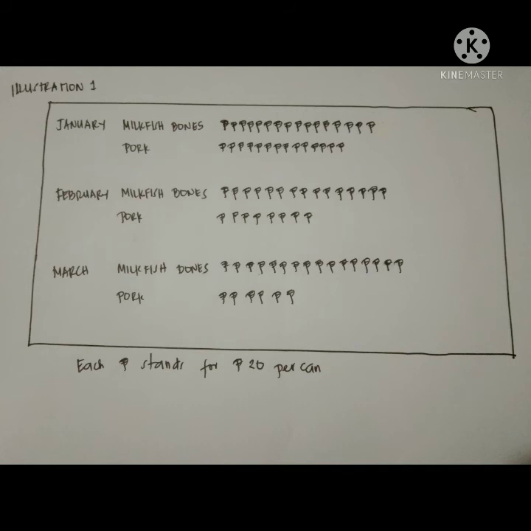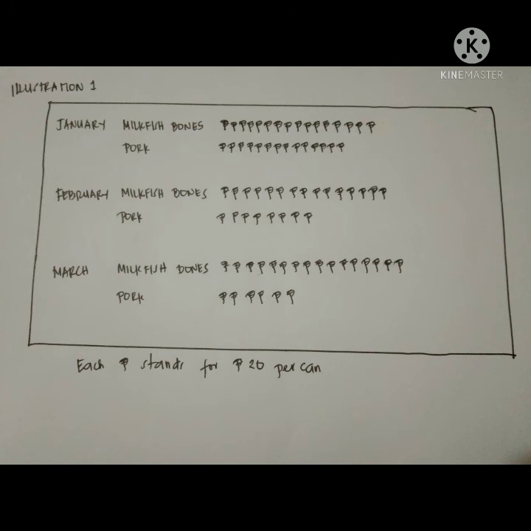And for the month of March, milkfish bones we have 16, and for pork we have 6. This will be multiplied by 20, because each peso sign stands for 20 pesos per can.